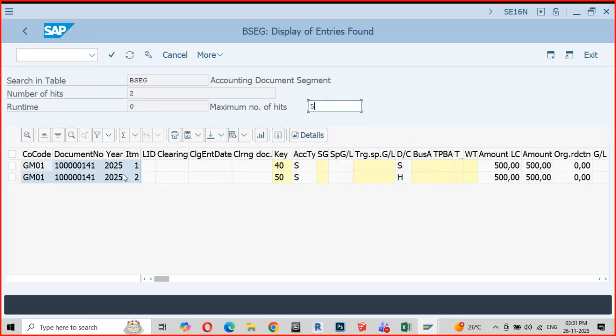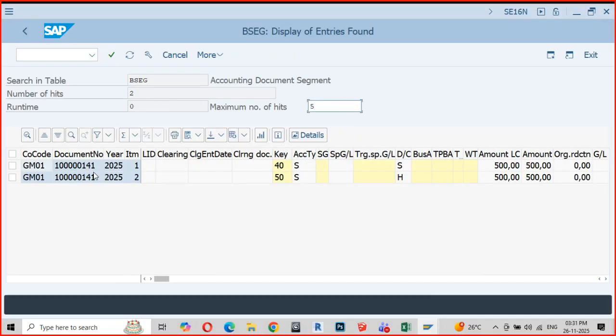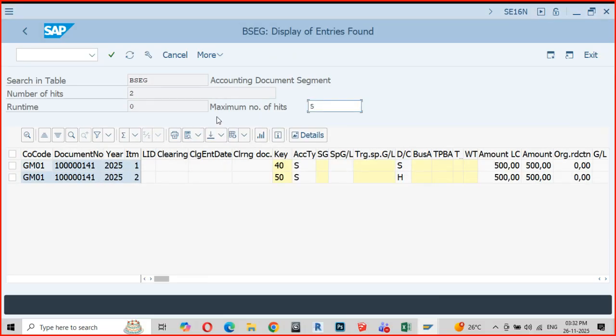Same document, one line; same document, two lines. The header table contains only the header information, like what happened, who posted, and who was the user. The line item table has two line items, the debit and the credit. So this is the difference between your header table and your line item table.